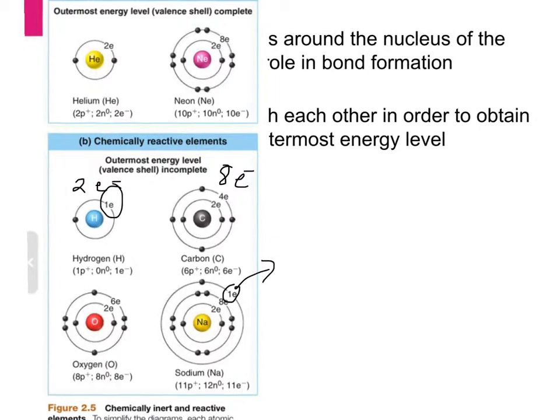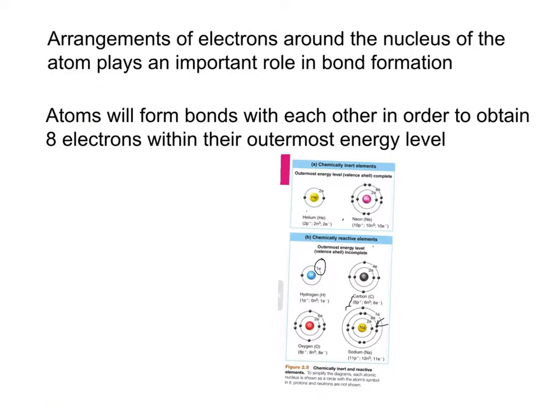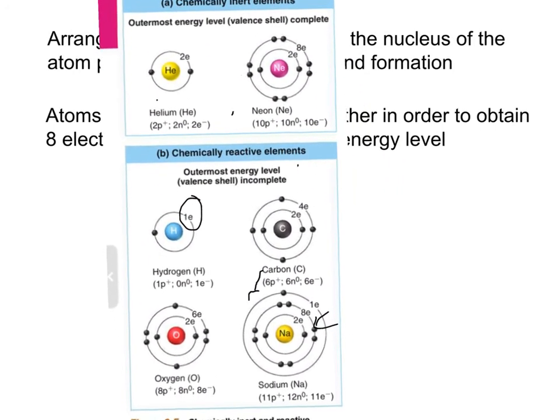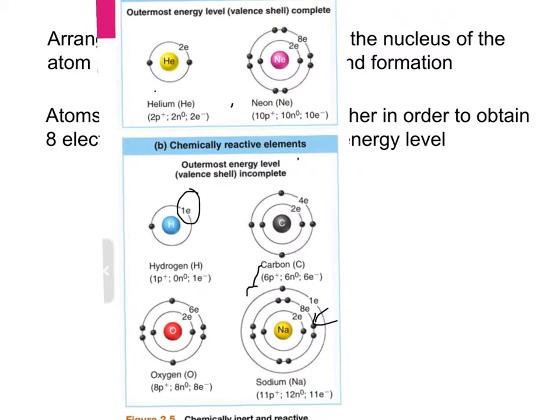Sodium has one electron in its outermost energy level, but if you see on the inner side, it has 8. So if we could get rid of that one, it would be fantastic for sodium. In other words, these atoms are either going to gain, lose, or share electrons in order to have the octet rule of 8.